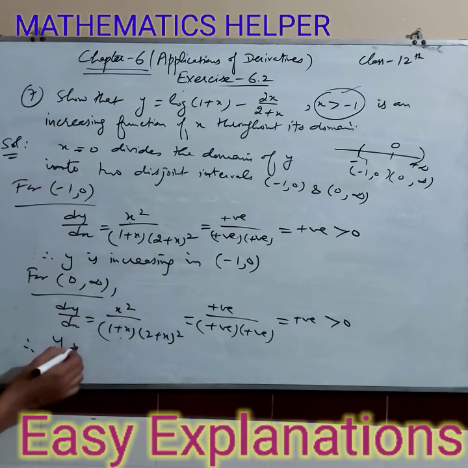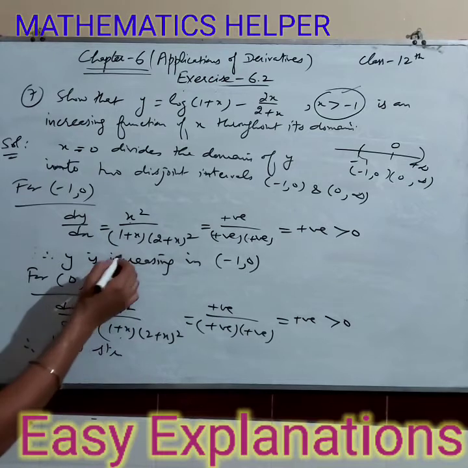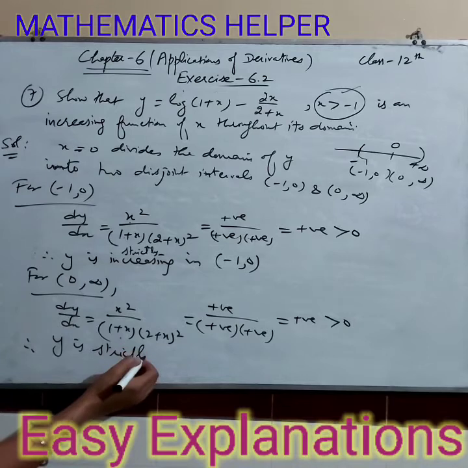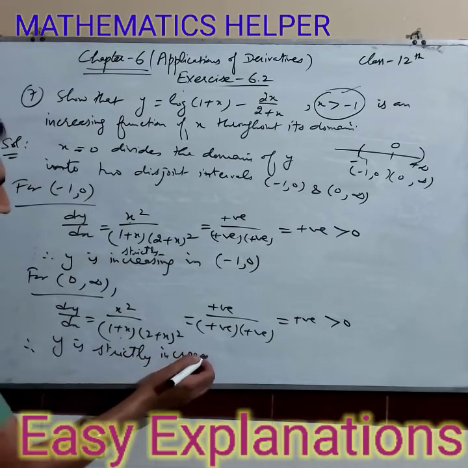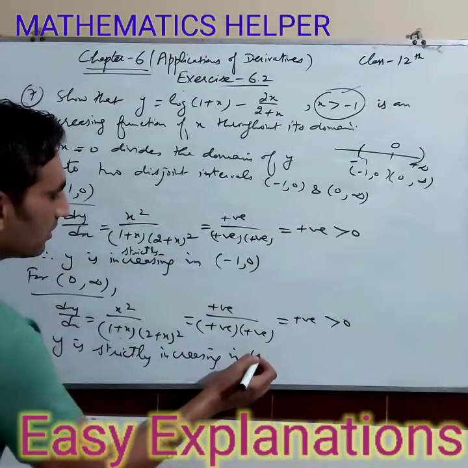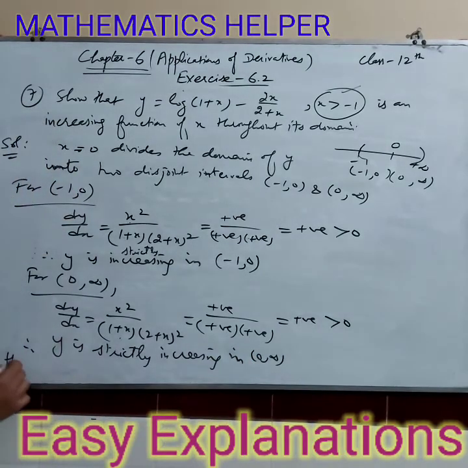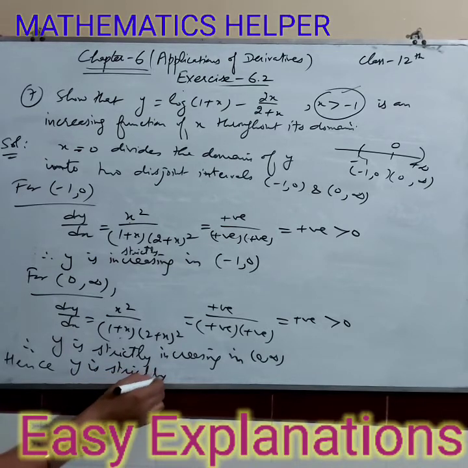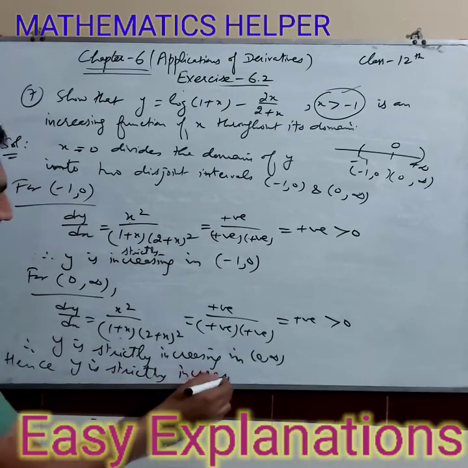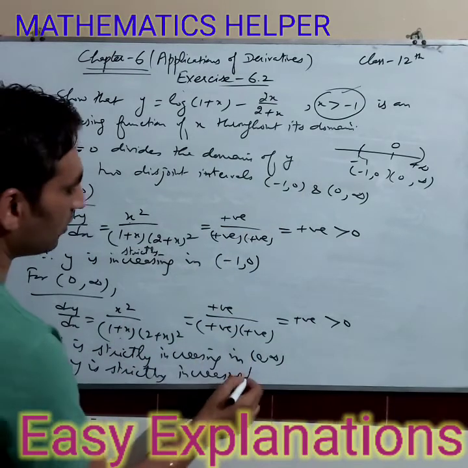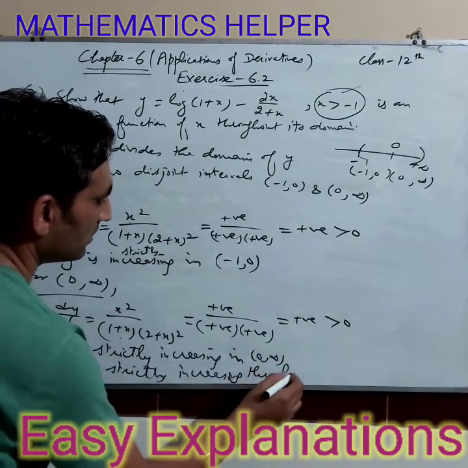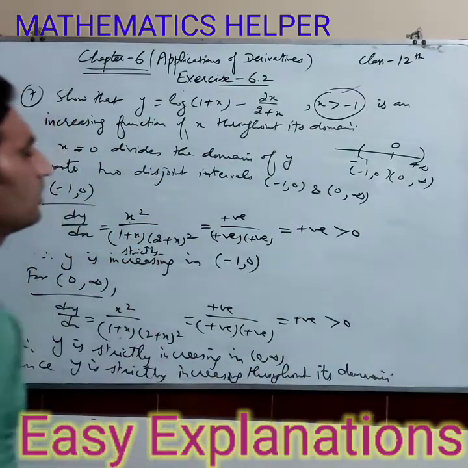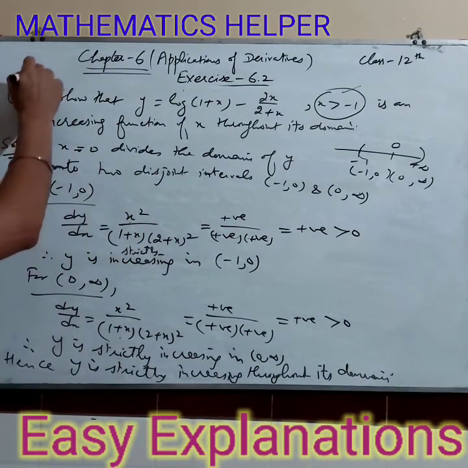Therefore y is strictly, here I forgot to write the word strictly, strictly increasing in 0 to infinity. Hence y is strictly increasing, as given here, throughout its domain. So remember, you have to remember this 7th important question for examination.